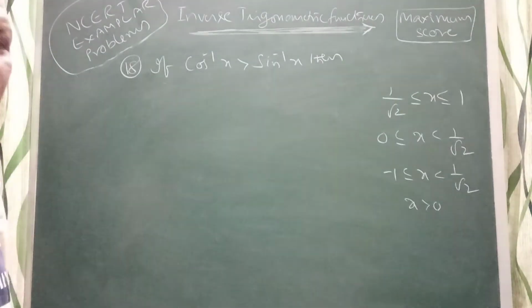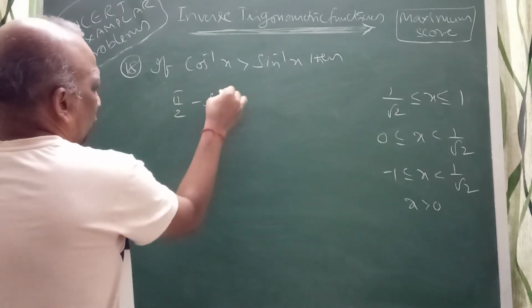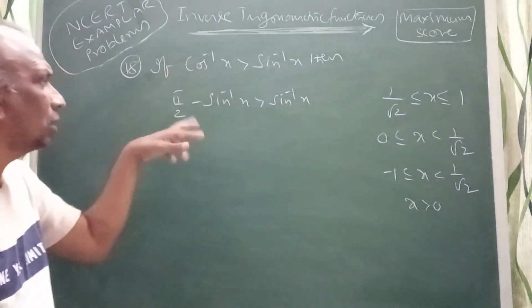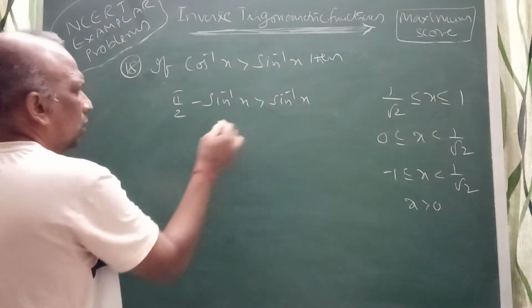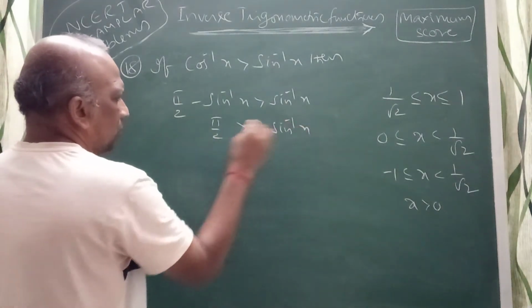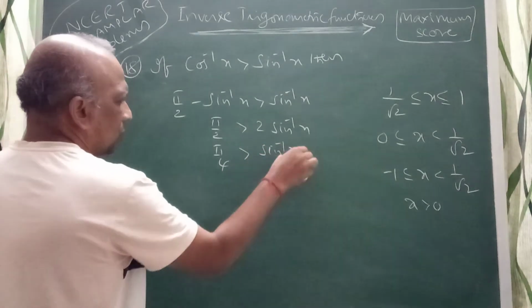So in this problem, cos inverse x equals pi by 2 minus sin inverse x, greater than sin inverse x, right? We know this relation. Then I can write pi by 2 greater than 2 sin inverse x. Correct? Pi by 4 greater than sin inverse x.